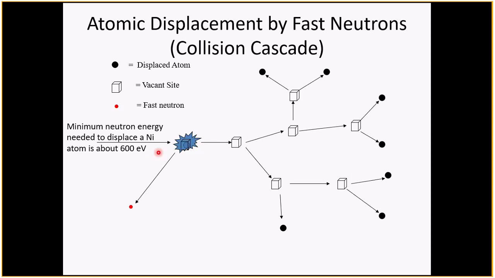Because a 1 MeV neutron creating a collision cascade will displace something like 300 or 400 displaced atoms, Frenkel pairs. That's a 1 MeV neutron, so that's 1 million electron volts, will produce hundreds of displaced atoms. A 600 eV neutron will produce one.